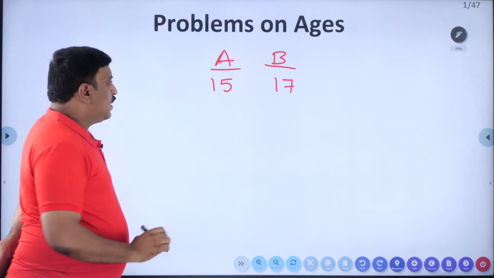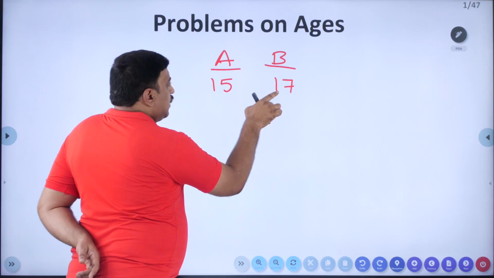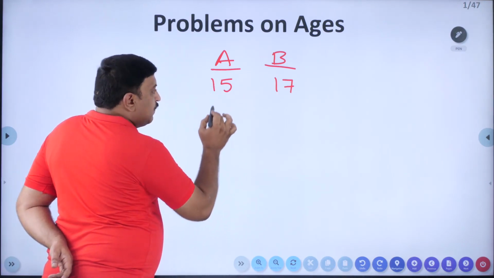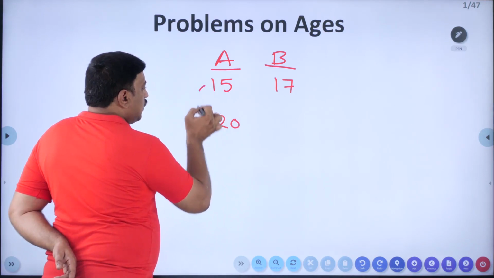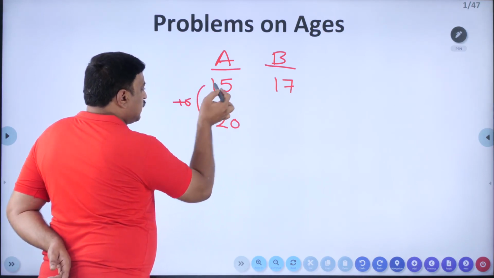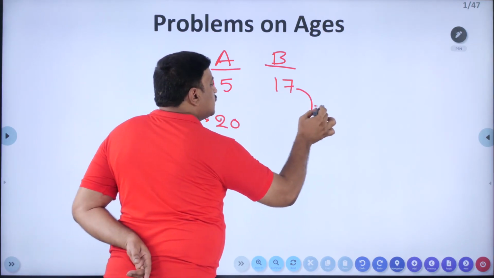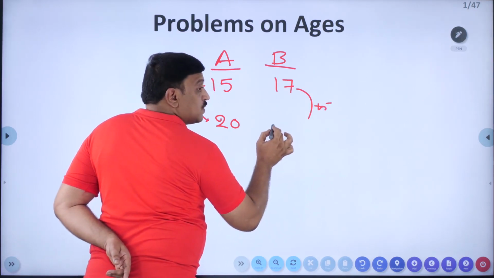Here, after 5 years, A will become 20 years. I'm adding 5 years to both of them. Here also B becomes 22.